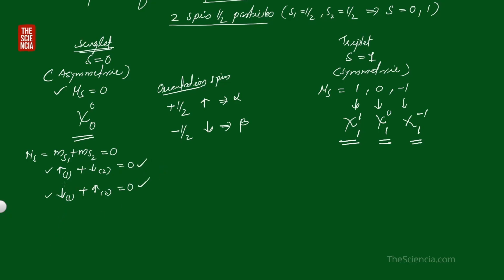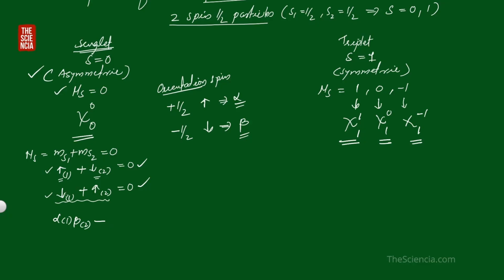That is, here the first particle is in the up state, right? Spin up state, and the spin up state is represented by alpha, that is alpha of 1. And the second particle is in the spin down state. Spin down state is represented by beta, that is particle 2 is in spin down state, that is beta. And here I told you this is an antisymmetric wave function, therefore the sign will be minus. Next combination, that is this combination.